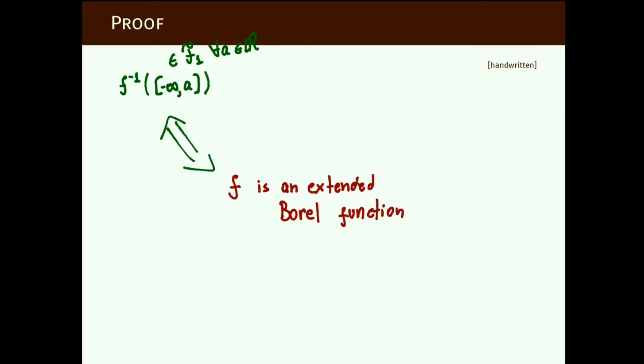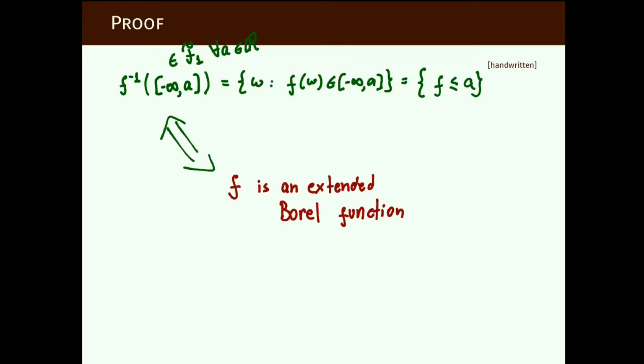What is the pre-image of minus infinity to A? This is the set of all little omegas such that f of omega is in this interval, which we are writing in very short notation as simply f less than or equal to A here.